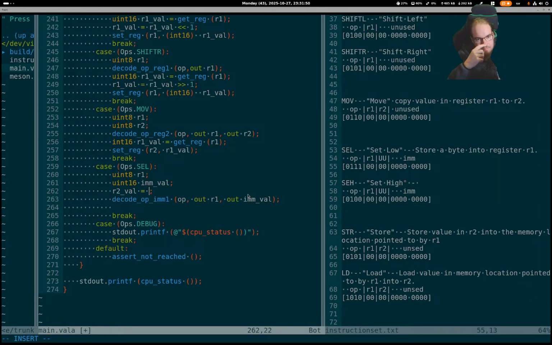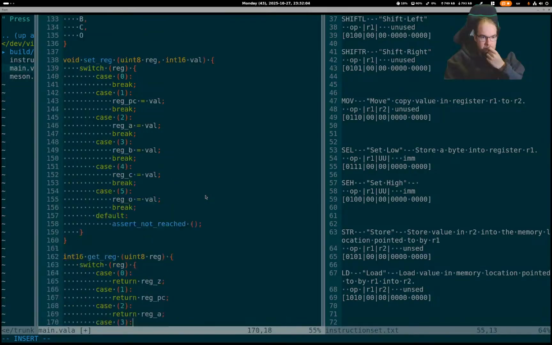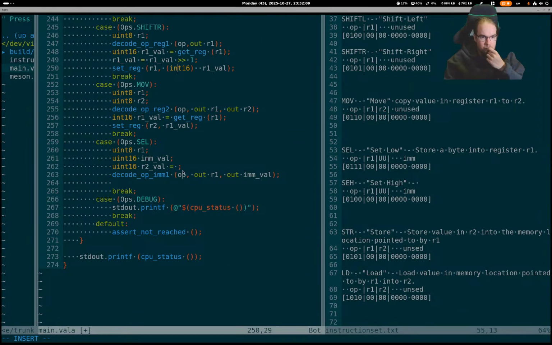So first 8 bytes. Uint 16, get reg, and the register we're going to get is R1.